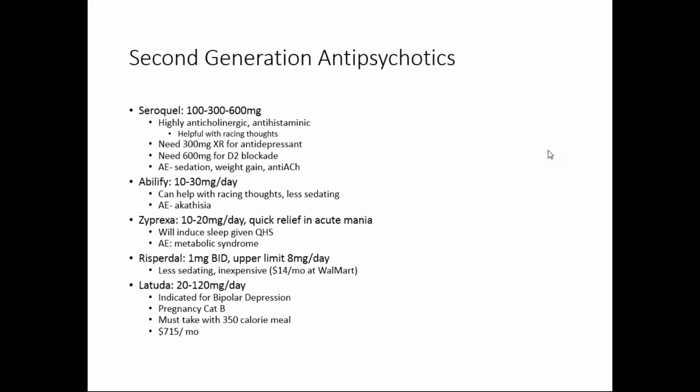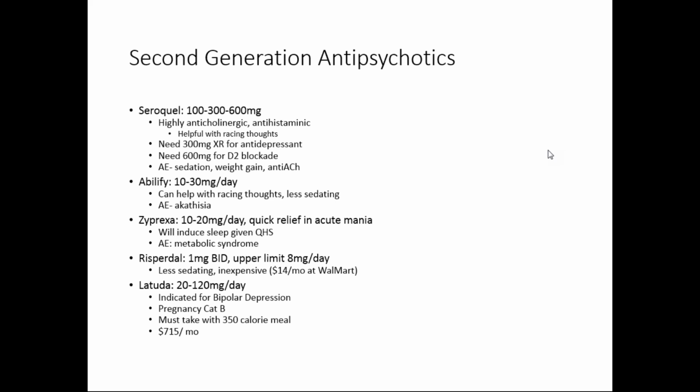That, like I said, is the risk for infection with agranulocytosis and the monitoring required. But it can be helpful for management of mania. So those will probably be the main ones that you'll see: Depakote, lithium, Tegretol, Lamictal. Different indications.